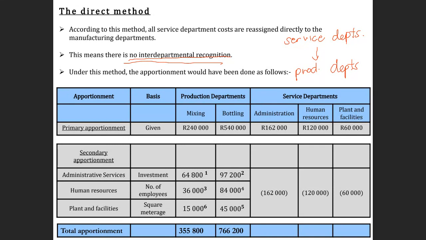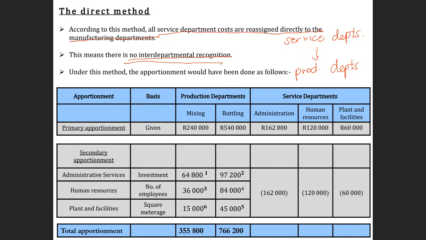So here, like I said, all service department costs are reassigned directly to the production or manufacturing departments. There are no other departments that will receive costs from the service department. So this is the rule in terms of the direct method. You must do this in table format, so please make note of the format of these tables.